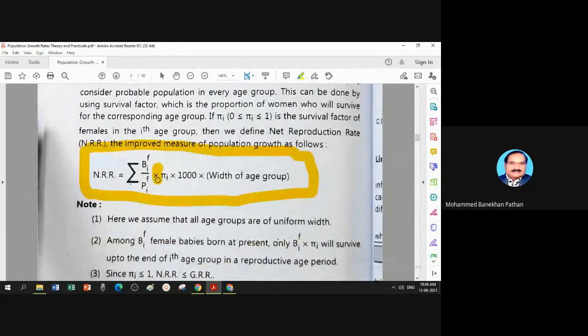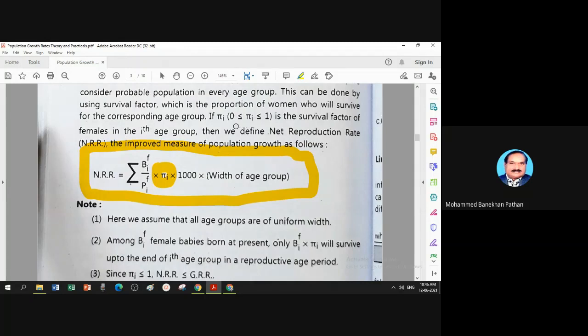This is taken as extra. What does this pi I represent? It represents the survival factor of that female child until the age of reproduction.